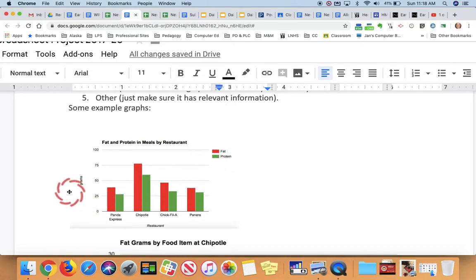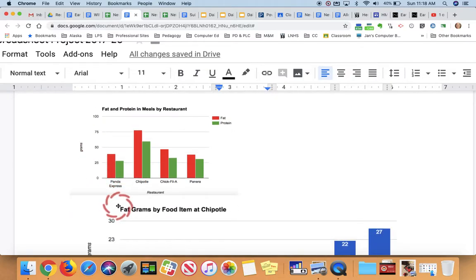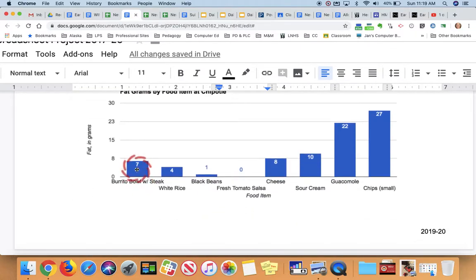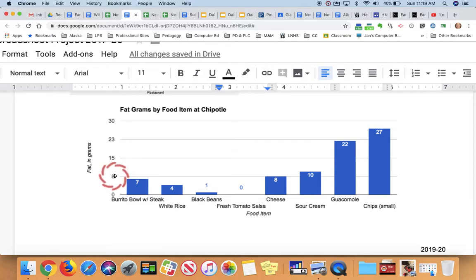Then I'm also just looking that you have a nice title, that you have a horizontal and vertical axis, that you have, this particular one doesn't, my example should have it, but you also want data labels, so it's easy to see the results in your column or bar graphs, okay? Remember that data labels can be found in the series section on edit graphs, okay?